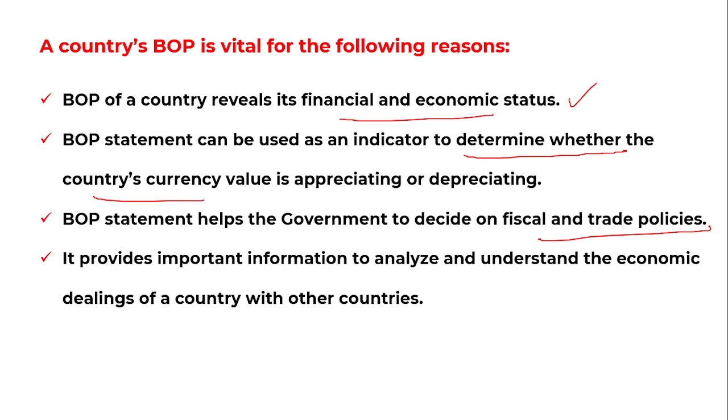So how are we doing? Even when we make a deal, we present this data. If we are importing these things from your country, you have to import these things from our country as well. So it provides important information to analyze and understand the economic dealing of a country with another one.